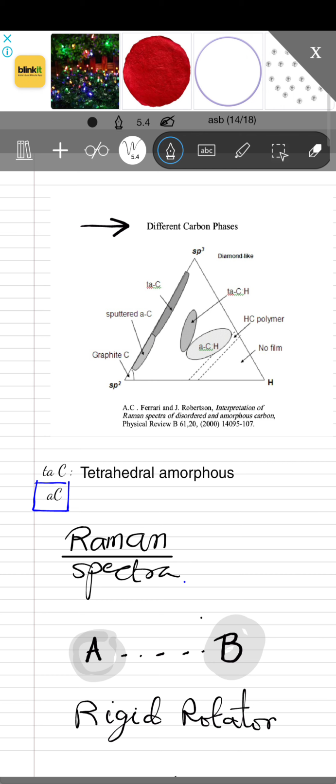At the two extremes you have sp2, which represents graphite, and sp3, which represents diamond. And there is formation of other phases. This vertex is for hydrogen, because for any organic material, CH is the most significant bonding. So we are not concentrating on the hydrogen phase; we are mainly concentrating on the carbon phase.